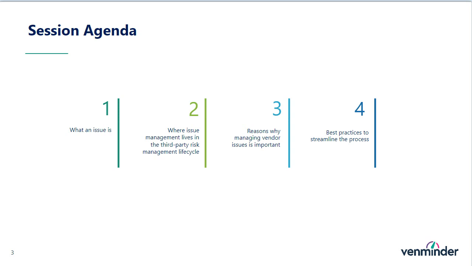We'll look at reasons why managing vendor issues is important and where you'll see them, how to manage them effectively, and how to build up your process. And lastly, we'll tie it together with best practices to summarize what we're impressing upon you today, and how to take this away with some actions and evaluate your own process in an effort to streamline and improve what you're currently doing.